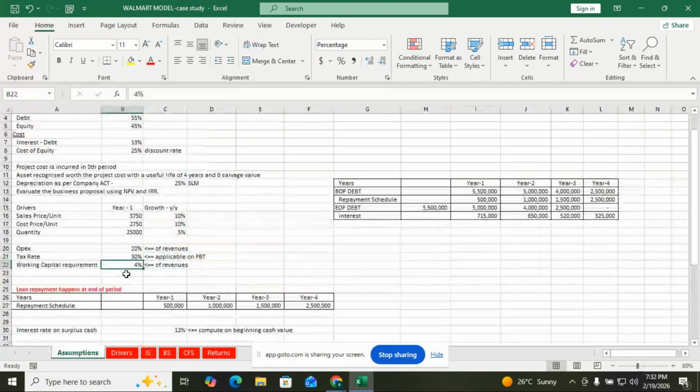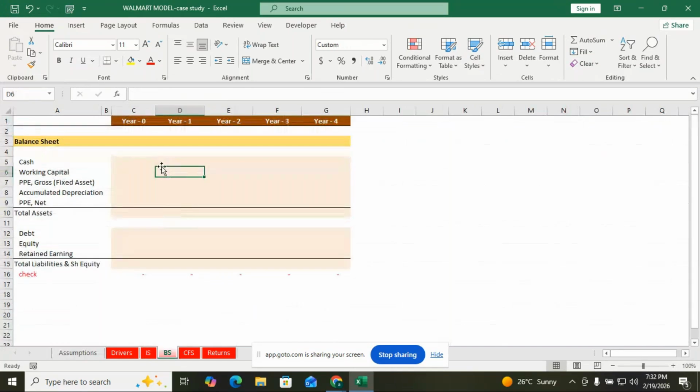So it has been given up here, 4% of the total revenue. Because year 0 is the initial year, we start off with year 1. In year 0 there is no working capital because it's the initial stage.